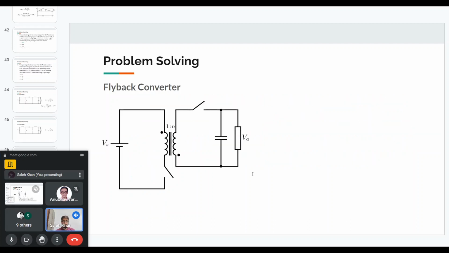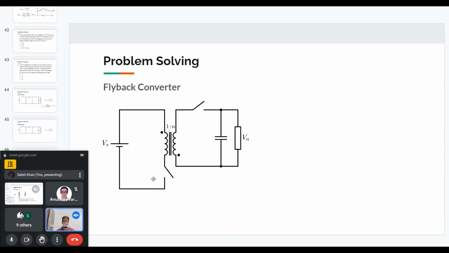So this is the ideal flyback circuit. It is basically derived from the buck boost converter circuit. If instead of the inductor we have a transformer, or in this case more of a coupled inductor, we can just change the polarity of the secondary side, and we will get a positive voltage at the output.